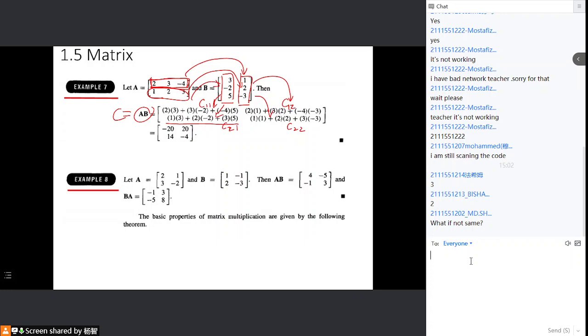Okay, everyone, do the exercise, do example 8. Give me the steps of these two products, not just the answer.